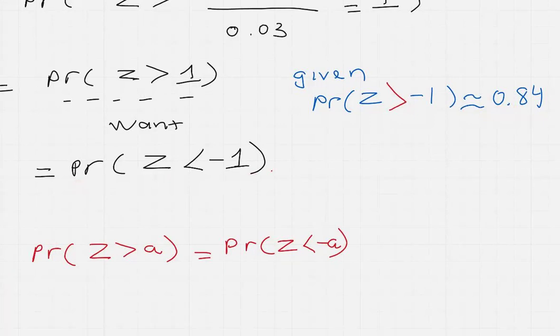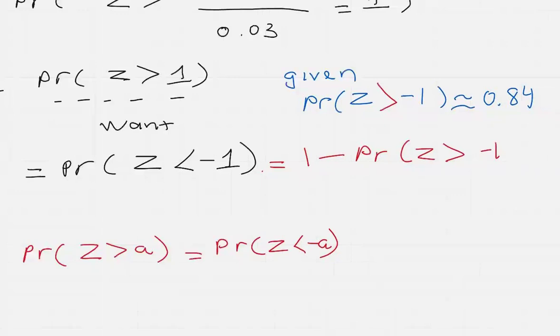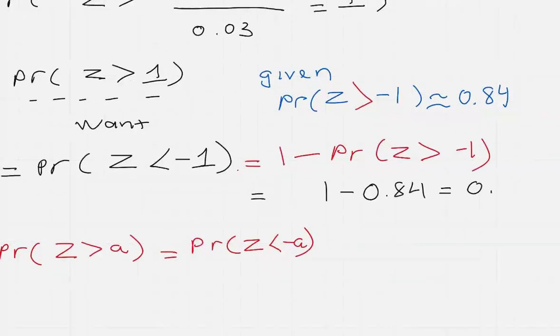The probability that Z is less than -1 will be 1 minus the probability that Z is greater than -1. And that will give us 1 minus 0.84, which is approximately 0.16. I hope it is understandable.